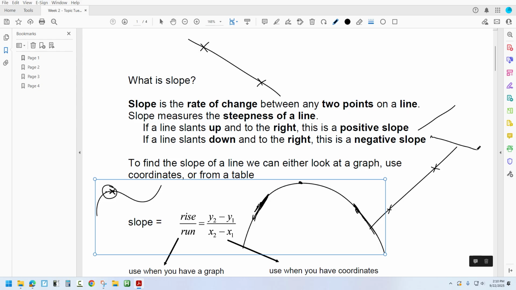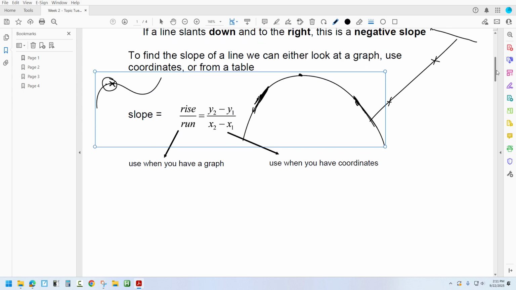Now when we're finding the slope, there's a couple ways we can do it. They can give us a table, which we'll do some in a little bit, or they could give us a graph. When you have a graph, you can count the rise and the run. It's going to be on a grid, and you'll be able to count up how many or down how many, whichever way it is, and then to the right.